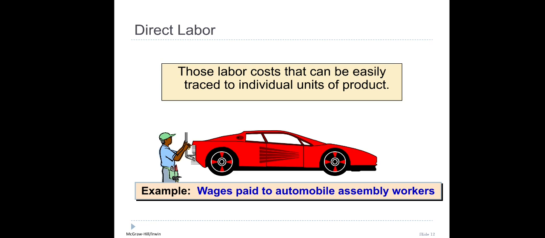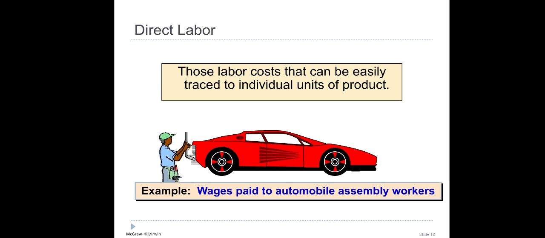In a business, there are many workers. Only some of the workers can be categorized as direct labor. These direct labor are people who are involved directly in the assembly of the product.